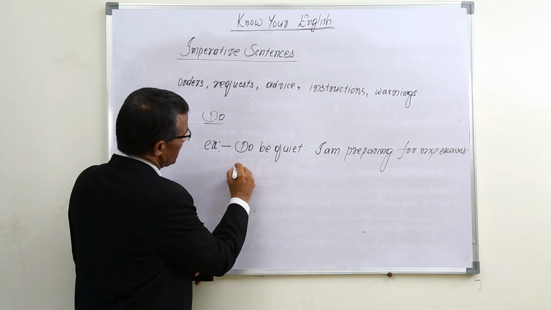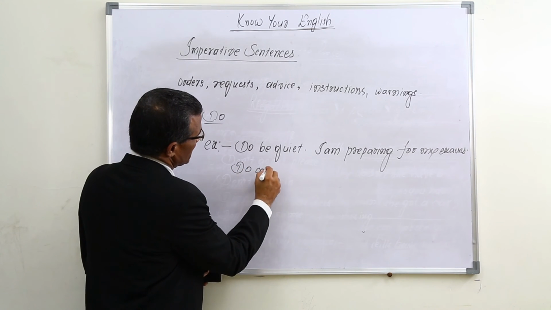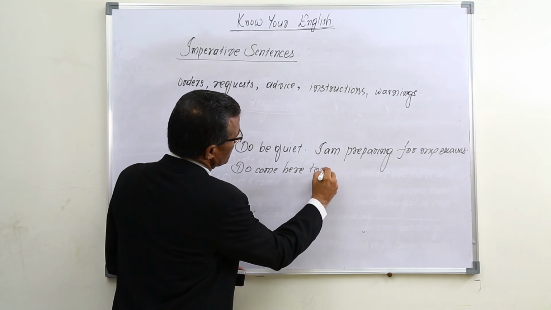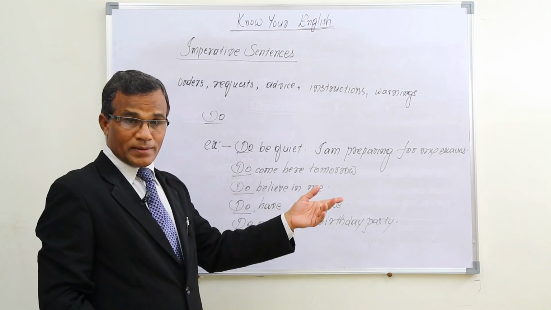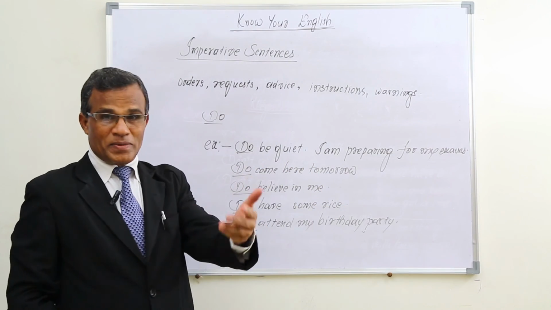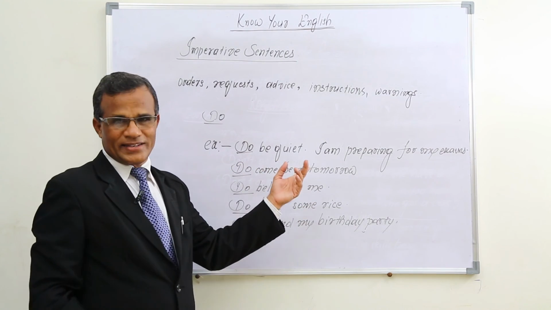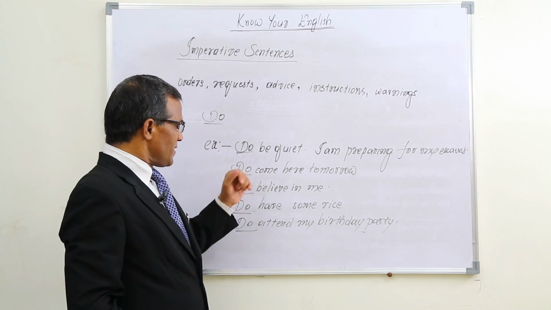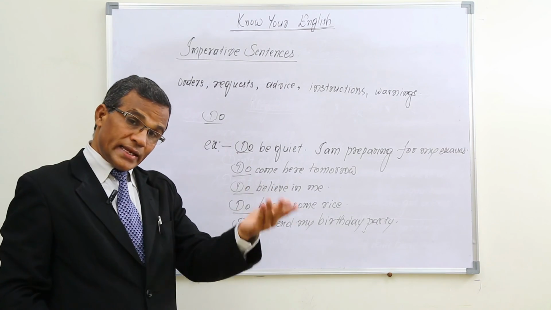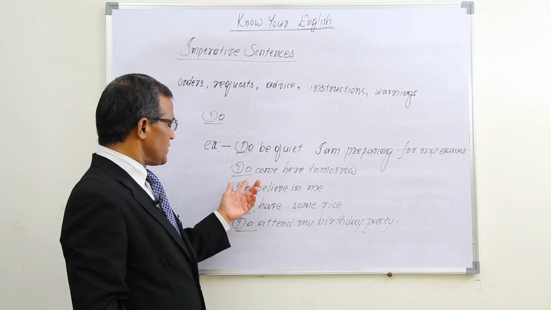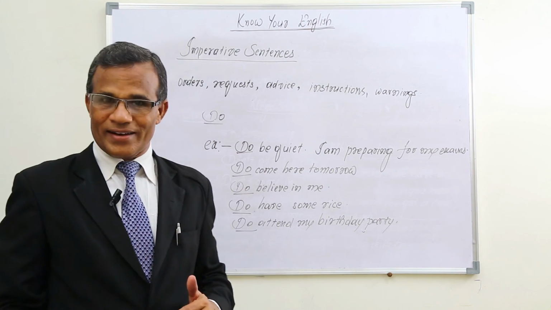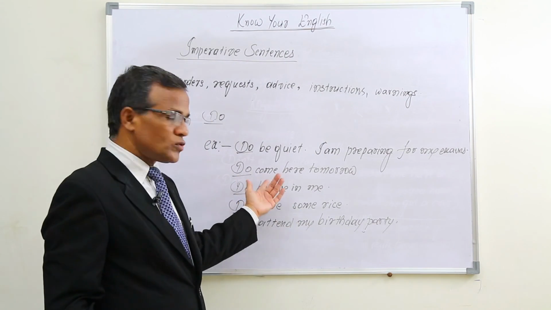And in the same way, do come here tomorrow. As he is worried about something, he asks the other person to be quiet in this way. In such cases, we can use do be quiet. And if we offer anything to another person, we can use do, like do come here tomorrow. It's nothing but an invitation or offer.